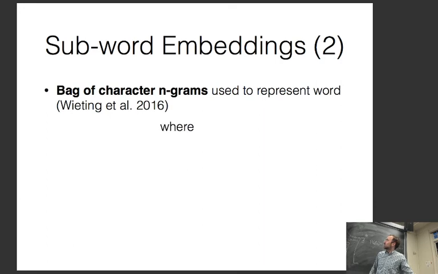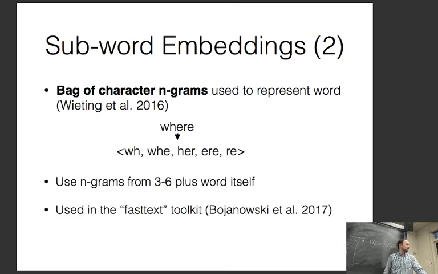So we have "where". What we do is we basically find all of the character n-grams that exist in this, and we get embeddings for each of these. So we get embeddings for beginning of sentence W-H, W-H-E, H-E-R, E-R-E, R-E. And we treat the embedding of the word as basically the sum of these.